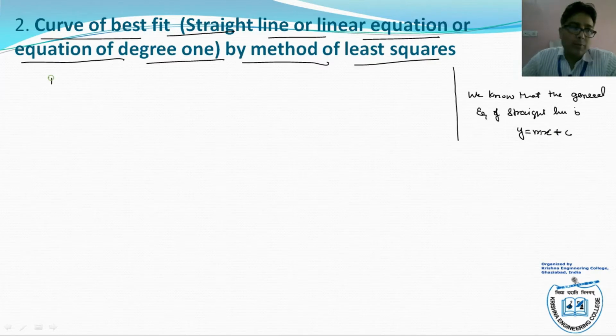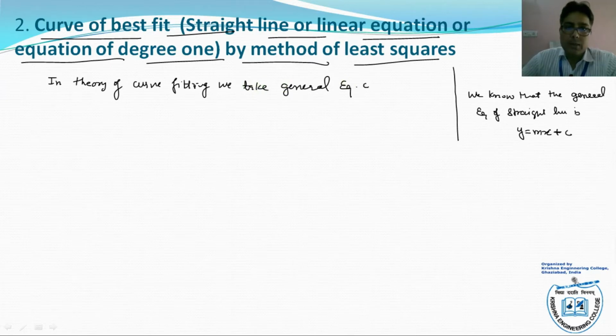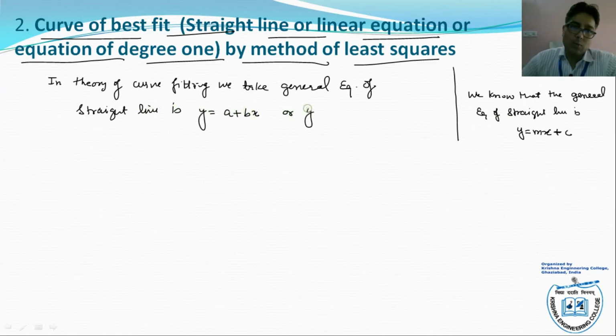In the theory of curve fitting, we take the general equation of a straight line as y = a + bx or y = ax + b.